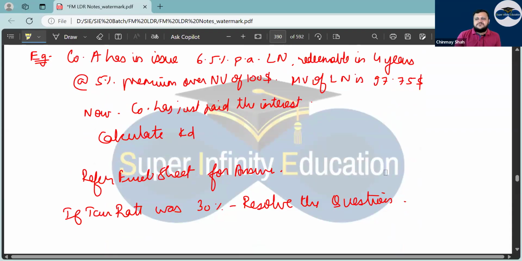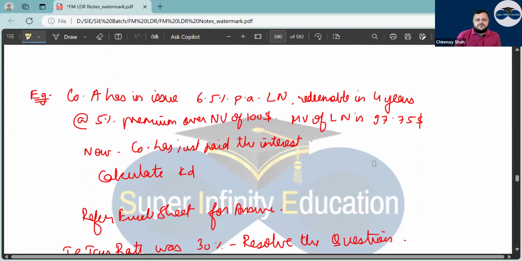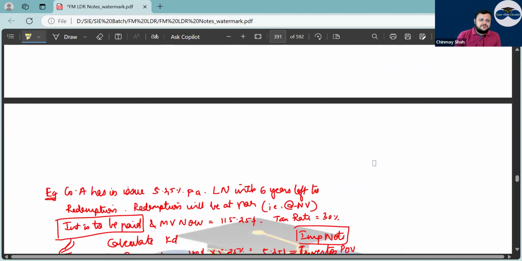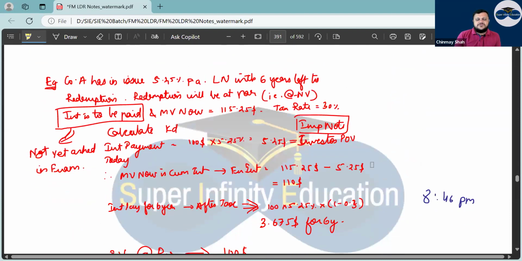Now you'll see that on redemption, some premium will be given, something of that sort will happen, correct? The company has issued 5.25% per annum loan notes with 6 years left to redemption. Redemption will be at par.